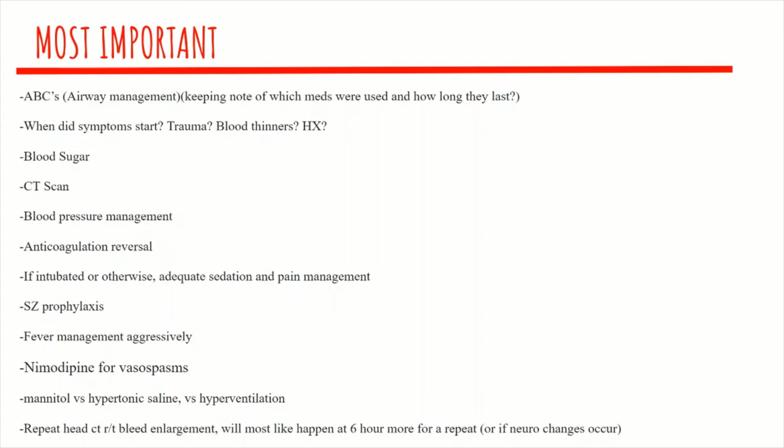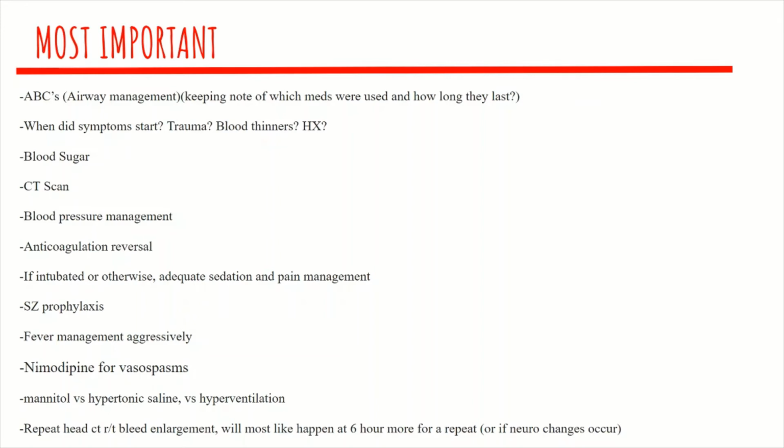Now, let's briefly go over what will be done if the ICP is continually elevated and herniation is almost imminent. You'll most likely be administering mannitol or hypertonic saline, essentially to pull water from inside the brain and to give it some room to breathe from all the pressure, right?